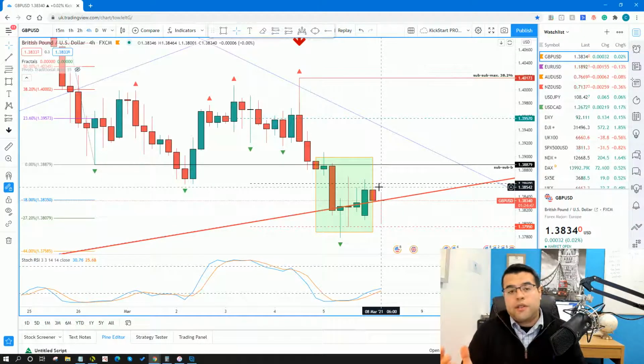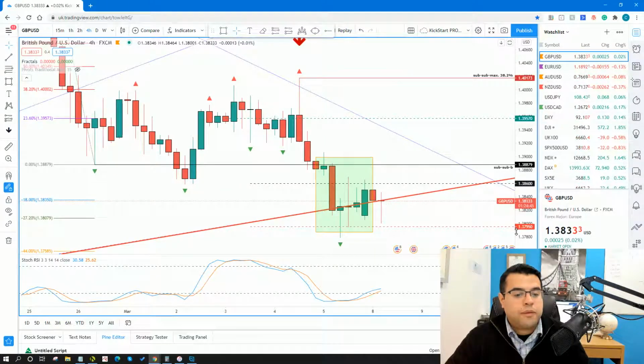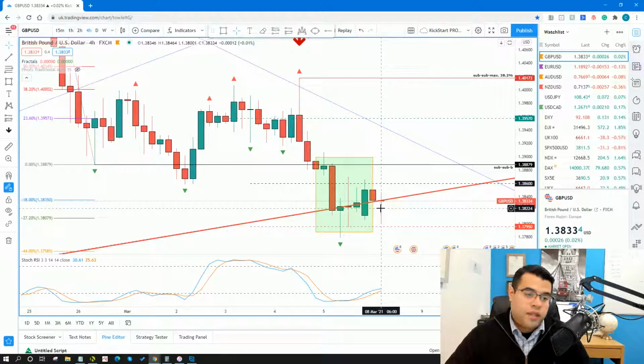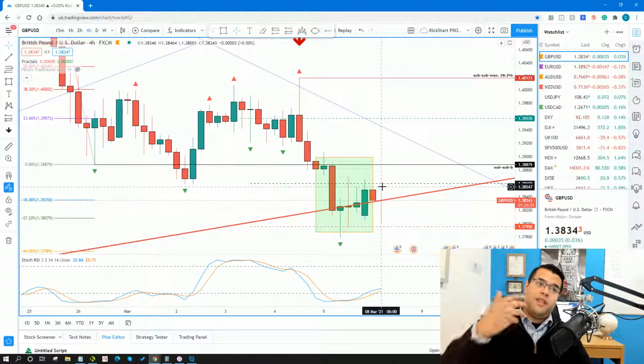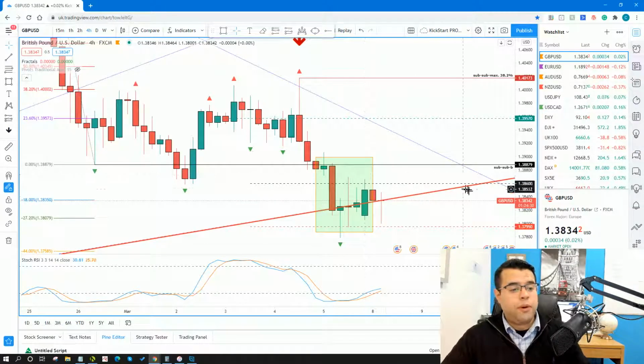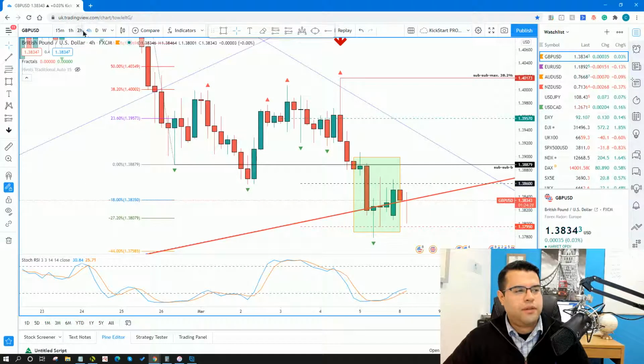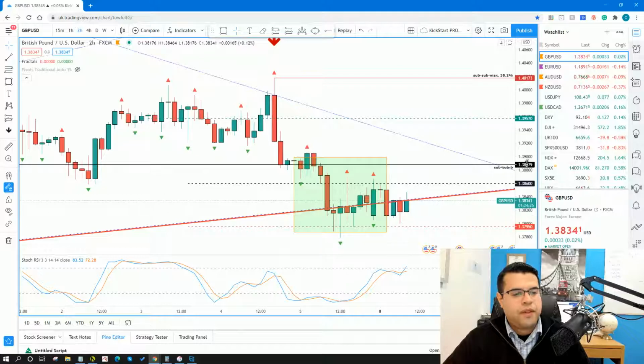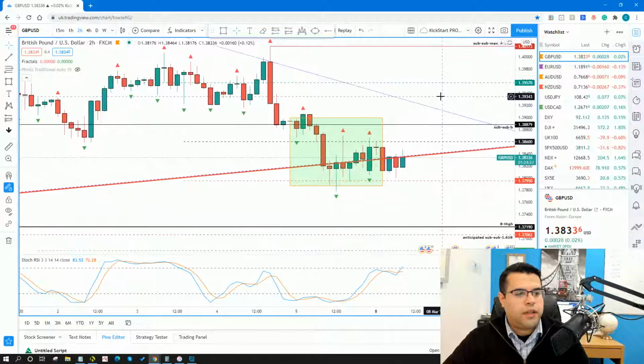That could change, even over the next hour and a half or so. We could see the bulls come in and leave a nice body behind here and close back above, in which case this would be back to being support. So we're in a little bit of a limbo phase with pound dollar at the moment.